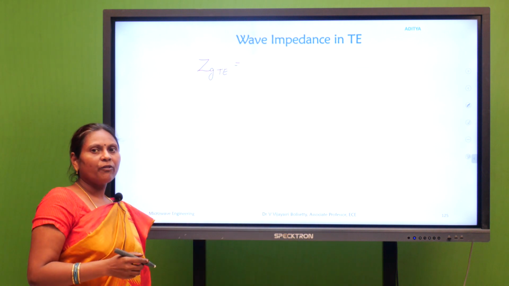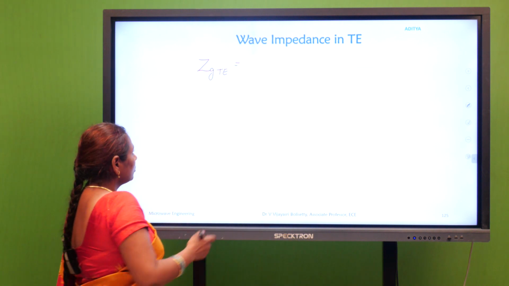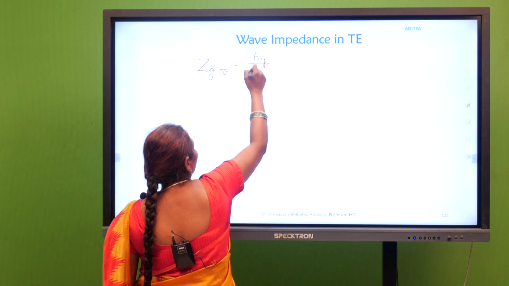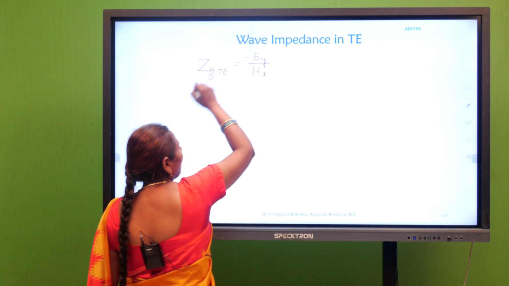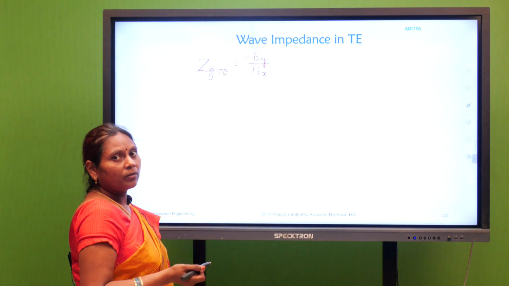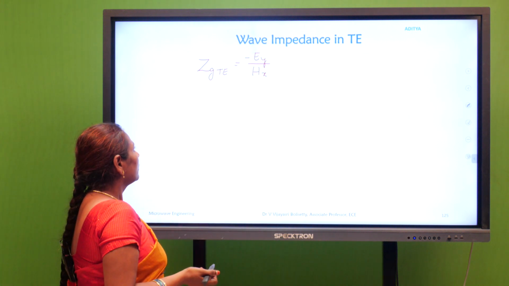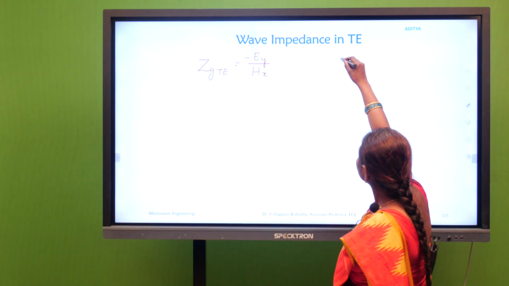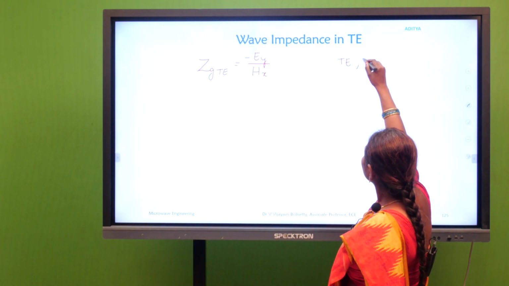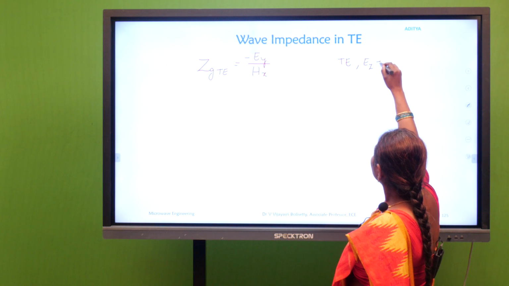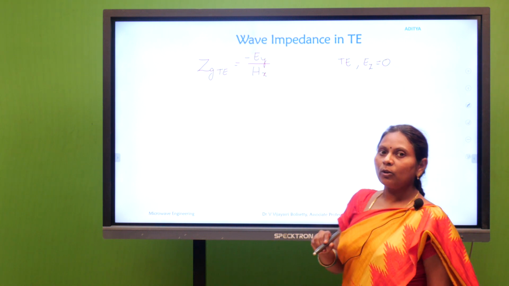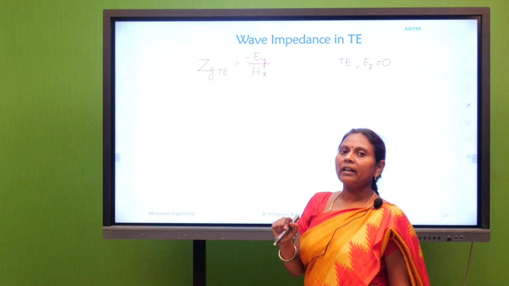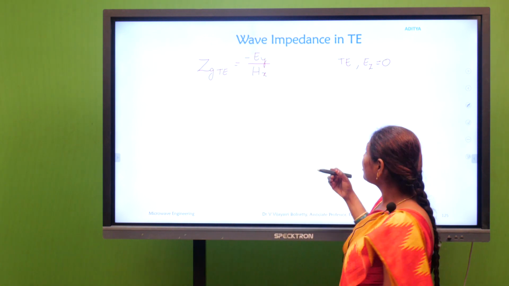So, how do we define this wave impedance? This also we take as minus Ey by Hx, but as it is TE mode, in TE mode, Ez is equal to 0. So, this Ey and Hx are expressed in terms of Hz.